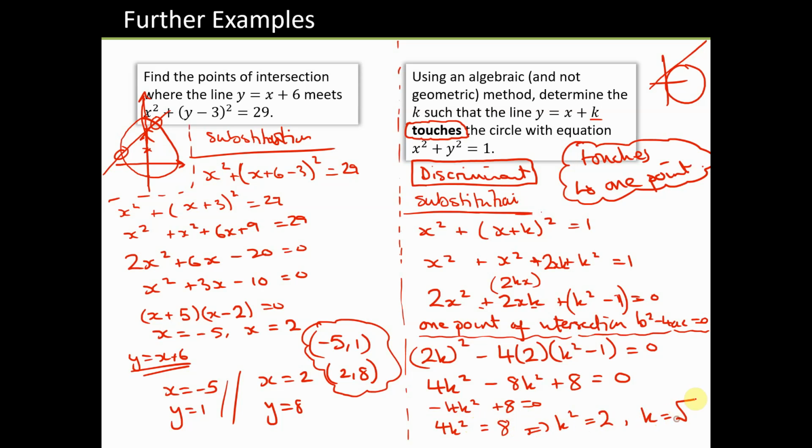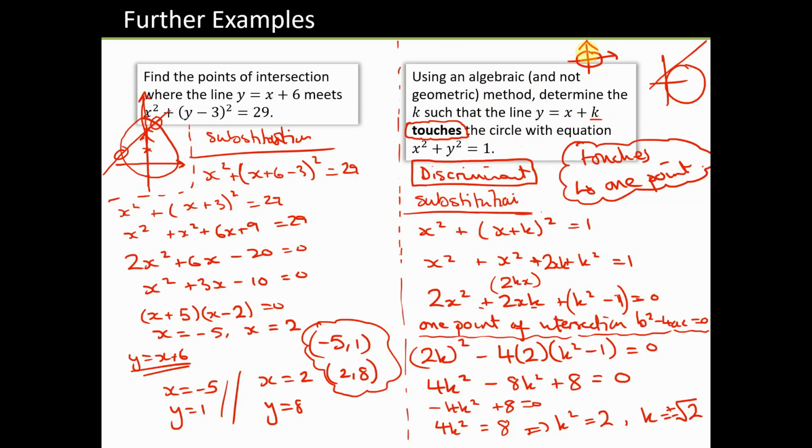And we're going to get k equals plus or minus root 2. Let's see if we need to pick either of those values. The question says use algebraic and not geometric, so don't just draw a picture. Determine the k such that y equals x plus k touches. My circle would be centered around the origin.